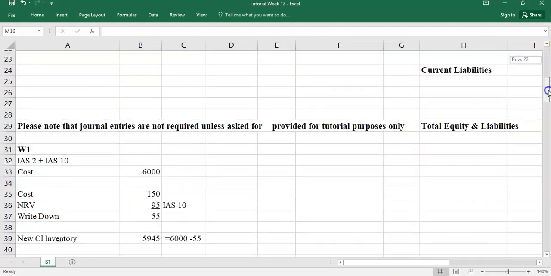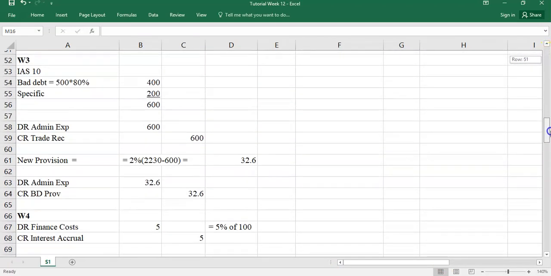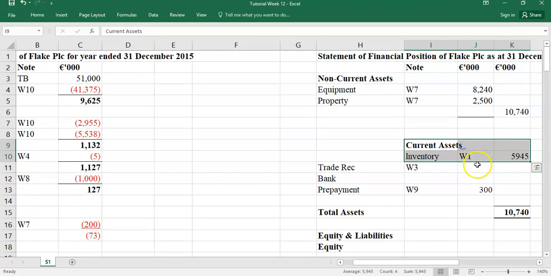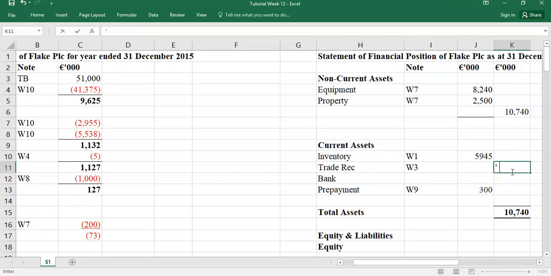Your trade receivables, you had bad debts and you had the provision for bad debts. So your closing trade receivables here is going to be the figure on the trial balance, which we said was 2230 minus 600 minus 32.6, which is 1597, or if you want to round that to 1598, that's fine as well.